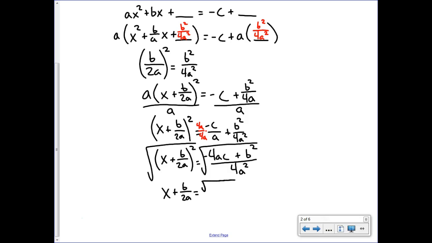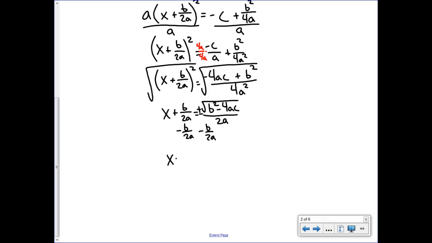I'm going to do square root on top, b squared minus 4ac, I just flipped that around, over the square root of 4a squared. Well, the square root of 4 is 2. The square root of a squared is a. And we have that plus or minus out front since we took the square root of both sides. So now we're going to subtract b over 2a from both sides.